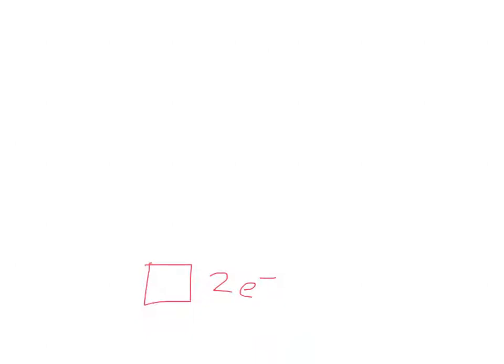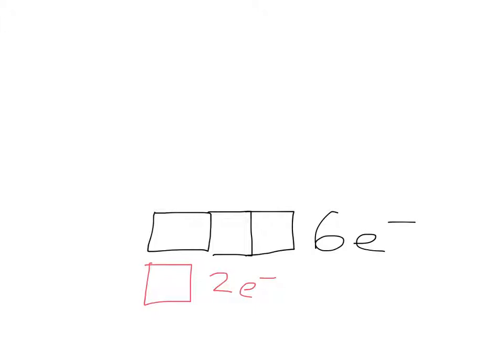We then have 3 p orbitals, so 3 boxes, and they can hold 6 electrons. And that's from the second shell onwards. Thirdly then, d orbitals. We said we could have 5, so we need 5 boxes, and that can hold 10 electrons.